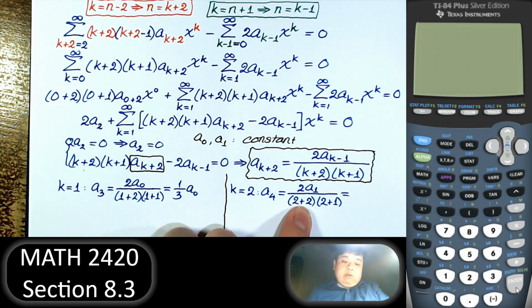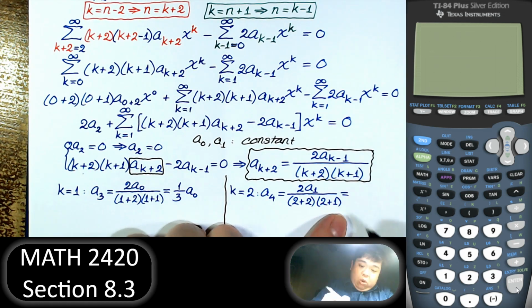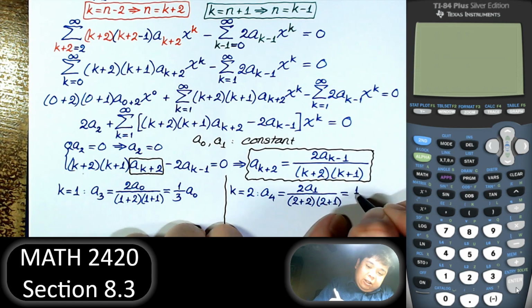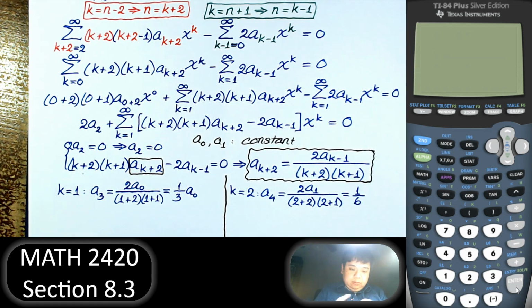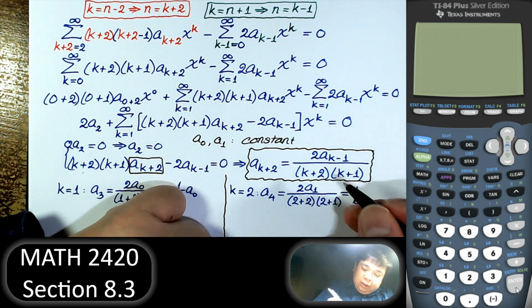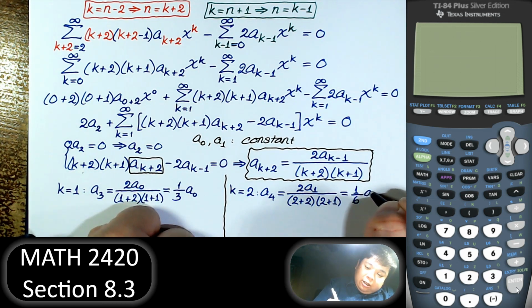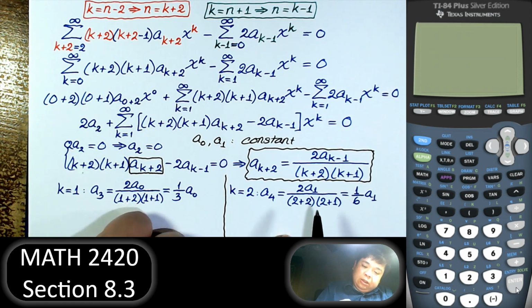So 2 over 4 times 3, so this is 1 over 6, one over 6 a1.